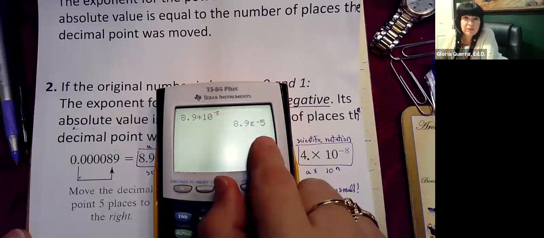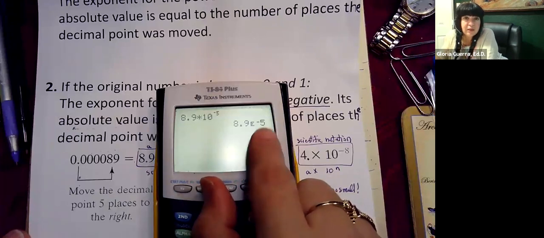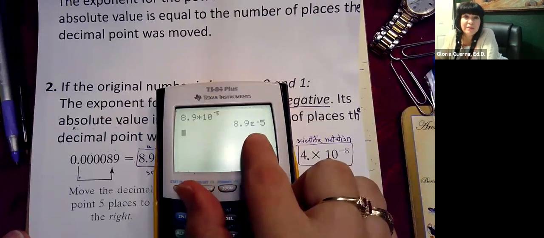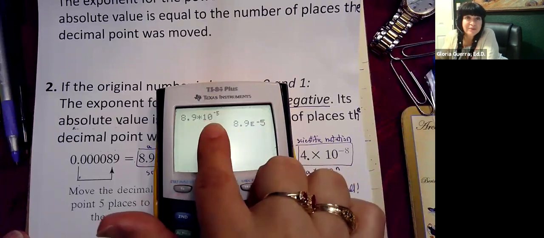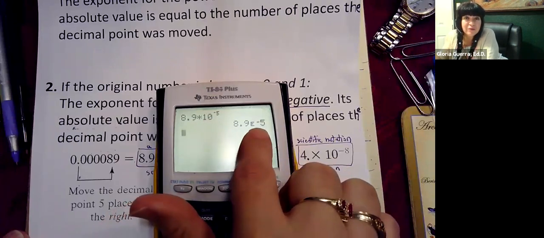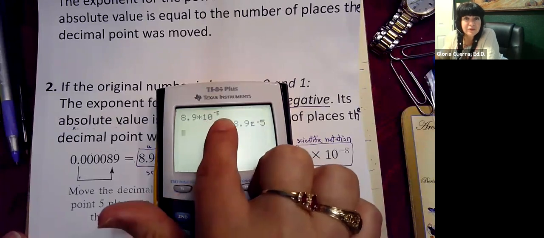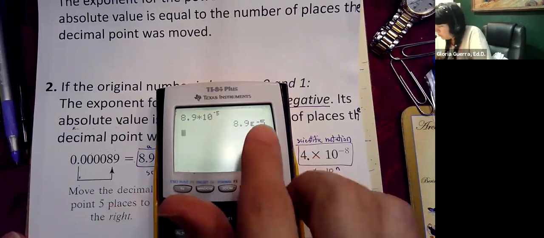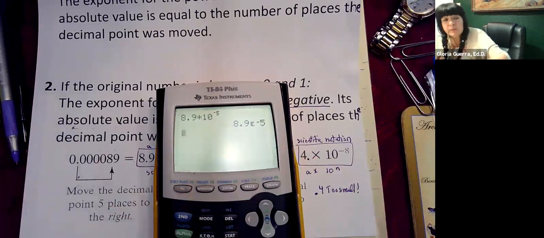That means this times 10 to the negative 5. So e to the negative 5 means times 10 to the negative 5. So they're not showing that. Let me just try. I have another basic calculator.